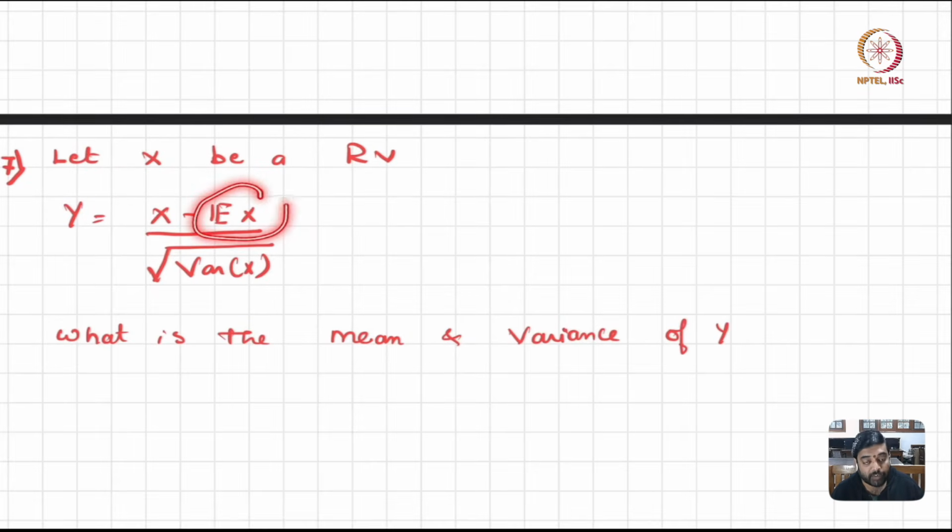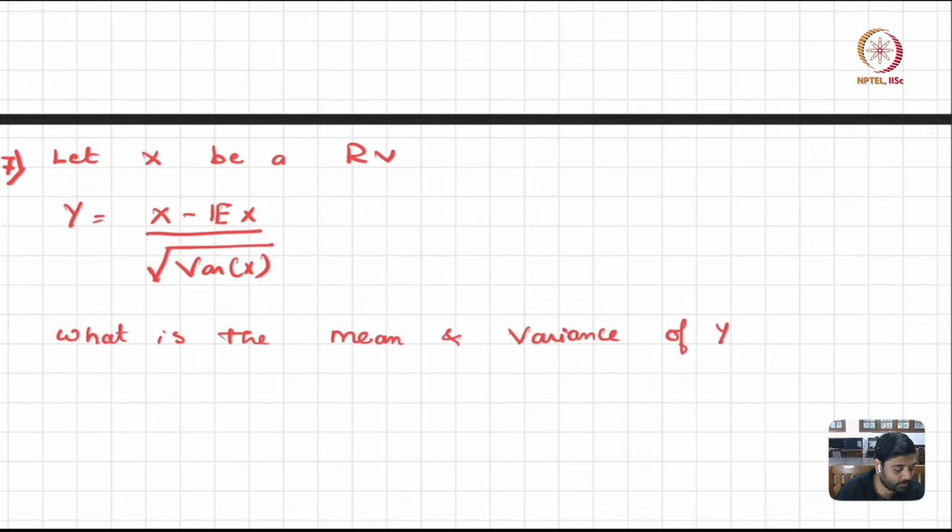See, expectation of x is a constant. Variance of x is also a constant. Therefore, the square root of it is a constant. So this is x minus some constant divided by some other constant. Now, given y, which is a function of x, compute the mean and variance of it. That's the problem at hand.